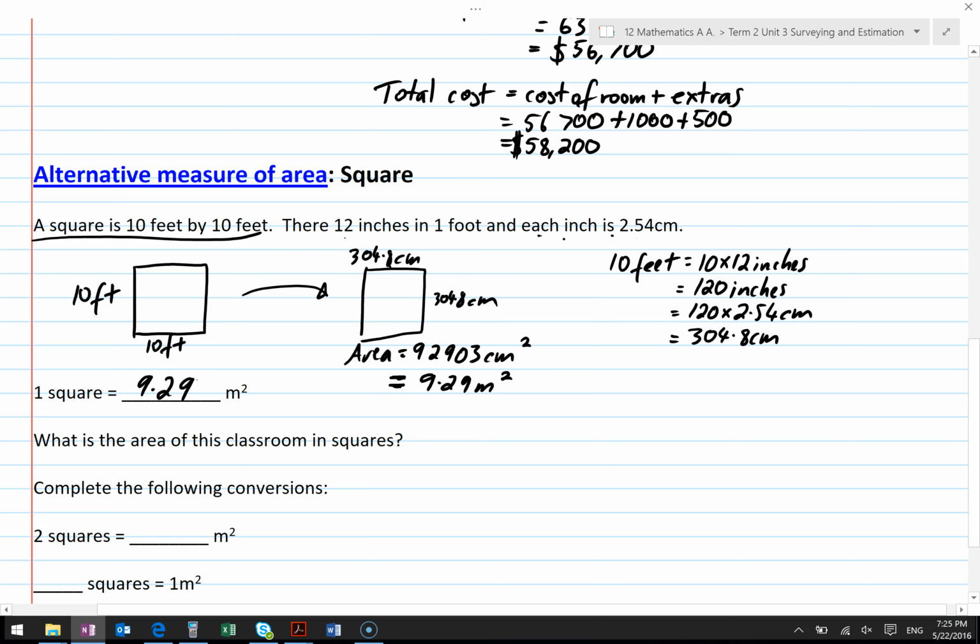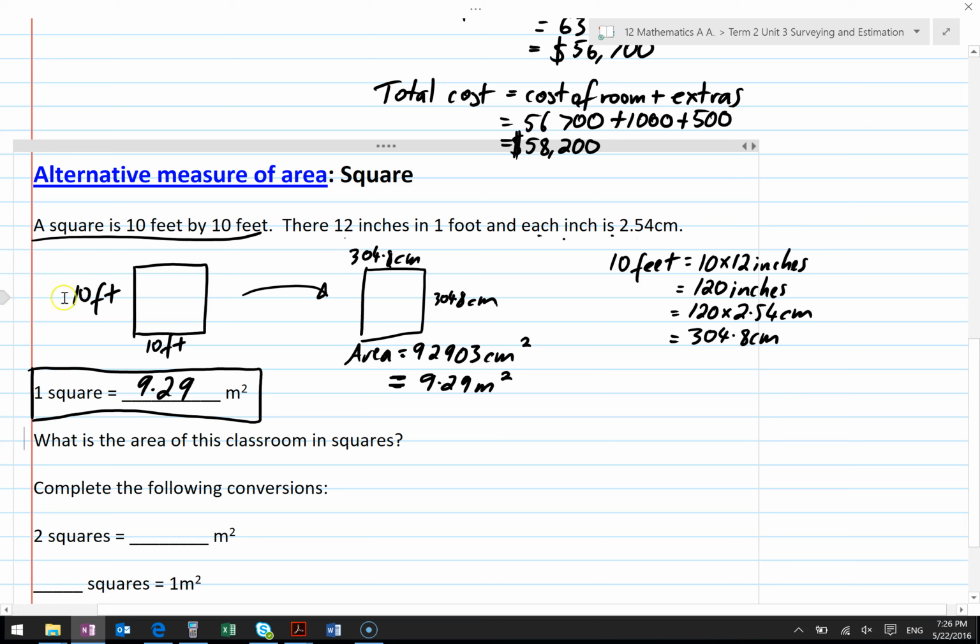You don't need to be able to do that conversion. If you can, that's great. It'll help you out on QCS as well. This conversion factor is the one that you need to memorize: 1 square is 9.29 meters squared. So we've got two little things that we need to note.